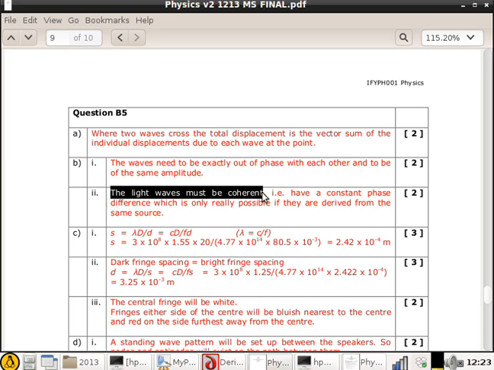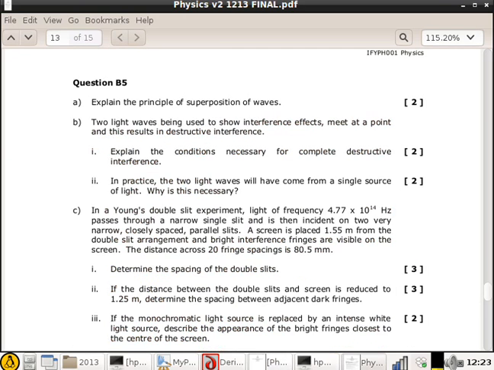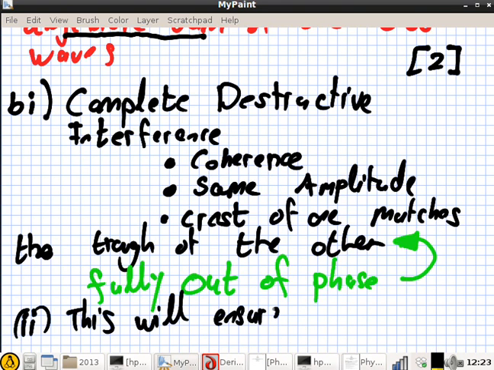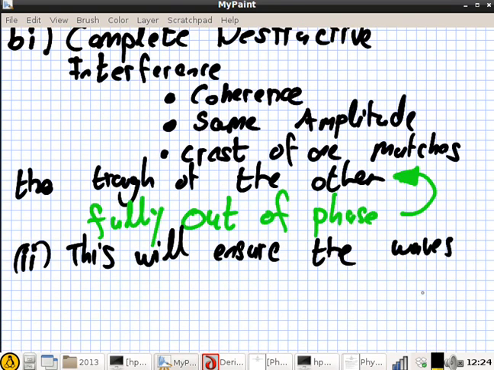Coherent. Yes. Same frequency, which is what I was mentioning in the last part. So for part 2, this will ensure the waves are coherent.